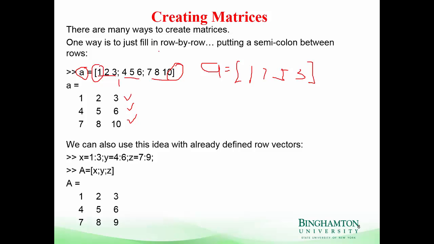Now suppose we already had defined a bunch of rows. So here we've got a command line that says x is equal to 1 colon 3 semicolon, y is equal to 4 to 6 semicolon, z is equal to 7 to 9 semicolon. And now you're seeing a new use for the semicolon. Well, we've seen two uses for it already.